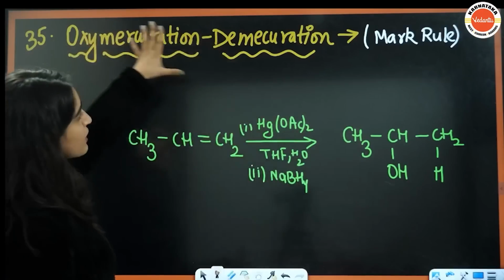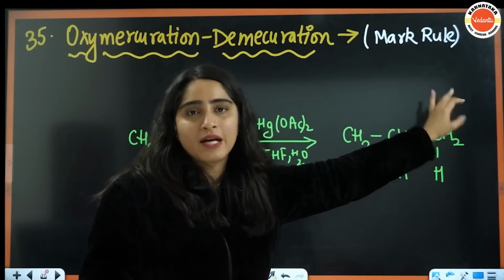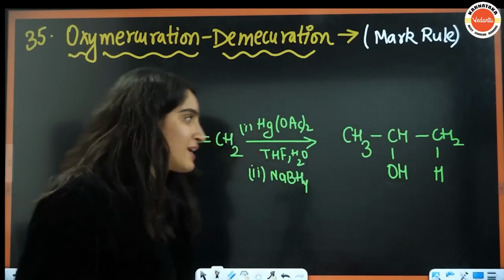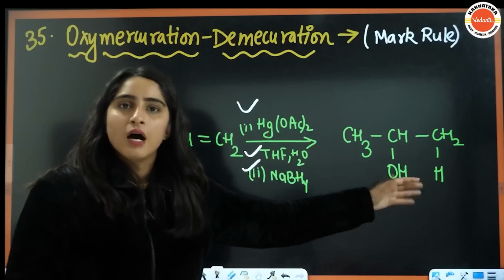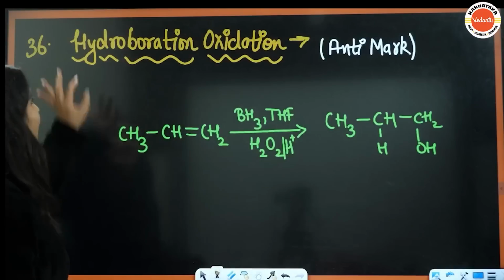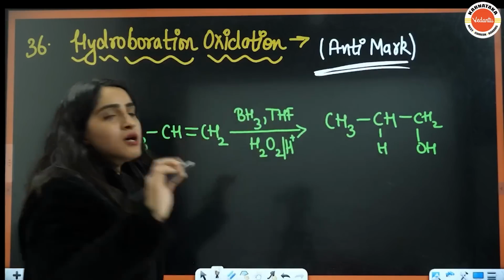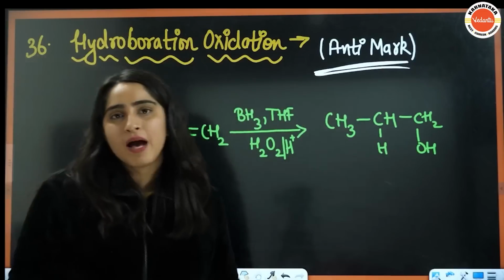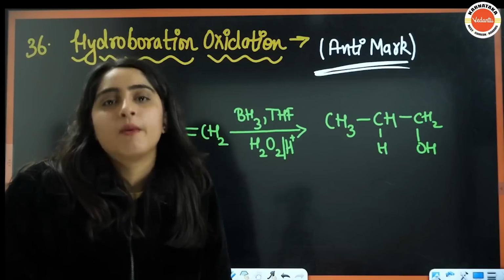In oxymercuration-demercuration, Markovnikov's rule is simply applied, with no rearrangement. These are the reagents present here. Markovnikov product is the end product. Now in hydroboration oxidation, the anti-Markovnikov product is the end product. Anti-Markovnikov means the negative part will go on the carbon with more hydrogens.